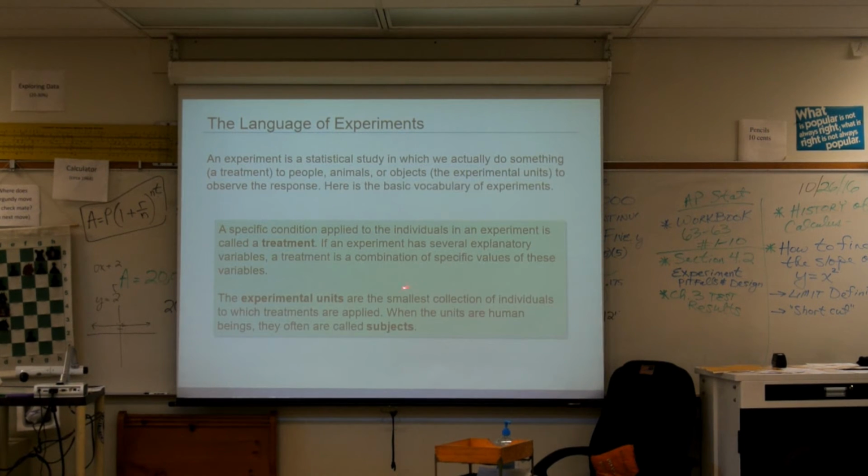One thing I want to draw your attention to is everybody circle the words smallest collection. Smallest collection. So the one thing looking through these slides that I want to differentiate, and some of the multiple choice questions on this section try to get you to view an experimental unit as something that it's not.